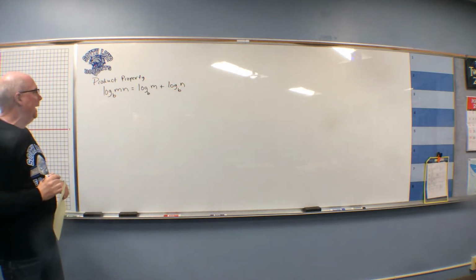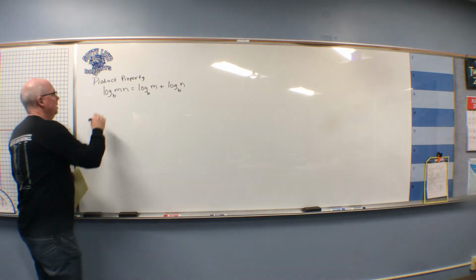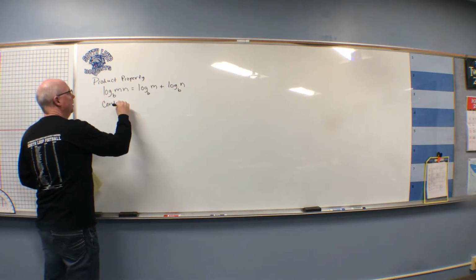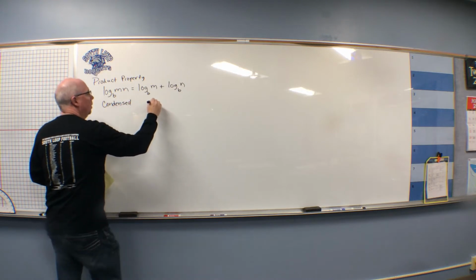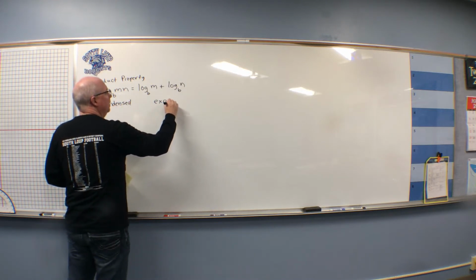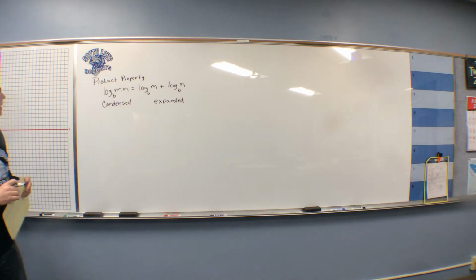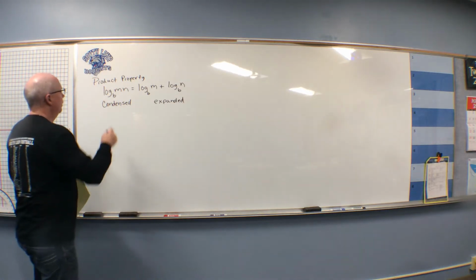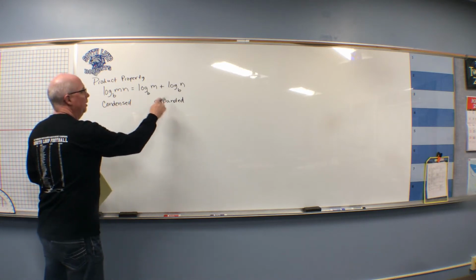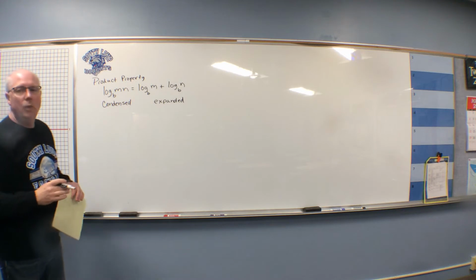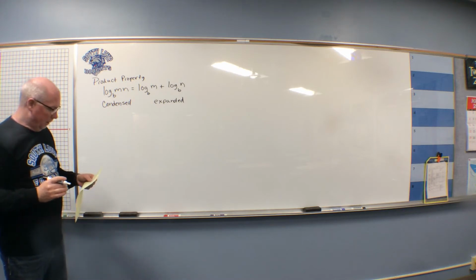And I want to point out that this is what we call the condensed version of the law, and this is what we call the expanded version of the law. We can go from the condensed to the expanded, or from the expanded to the condensed, whatever way we need to solve a problem.